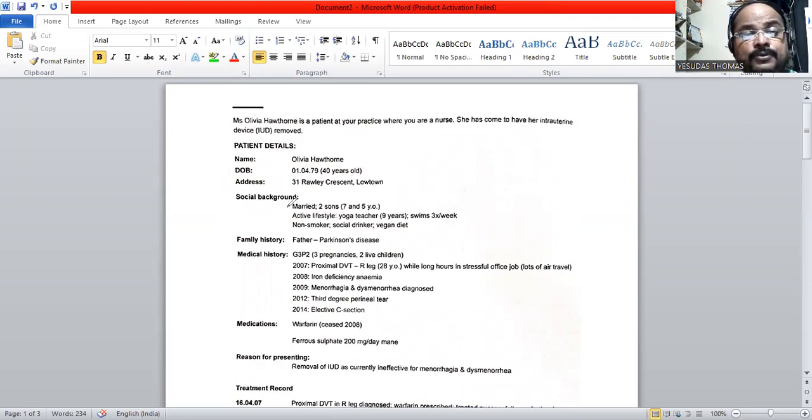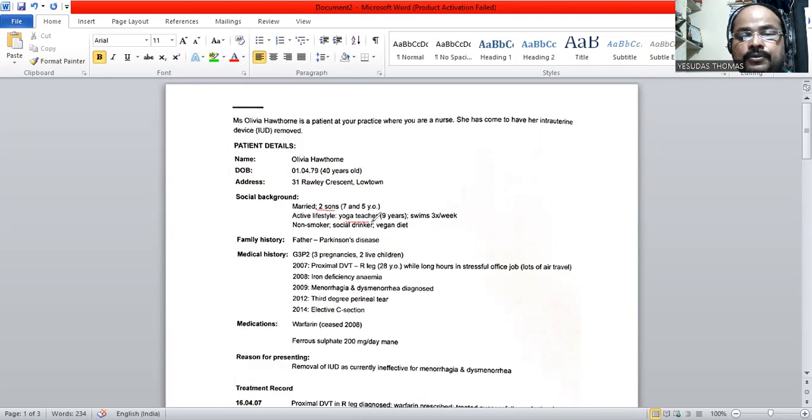Now we have a social background, which is not important to the current situation. Married and 2 sons. Okay, we are going to mention the delivery, but we don't need it as a social background.